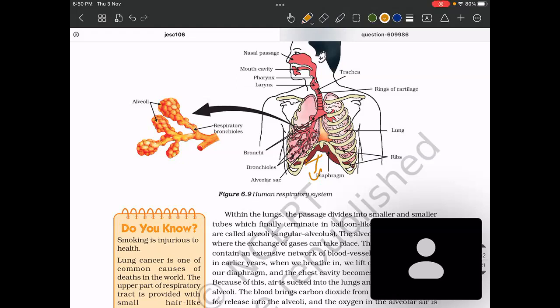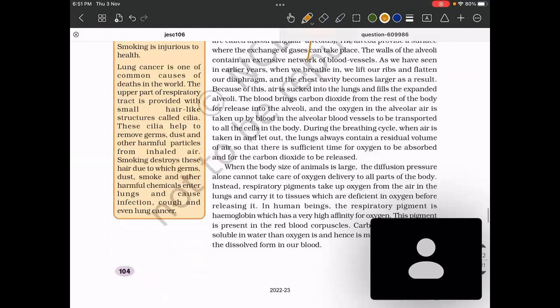So you can say: diaphragm lowers, lung volume increases, lung pressure decreases, air enters. That's inspiration. And for expiration: diaphragm returns, lung volume decreases, pressure increases, air is expelled out. So you should know the mechanism of respiration.